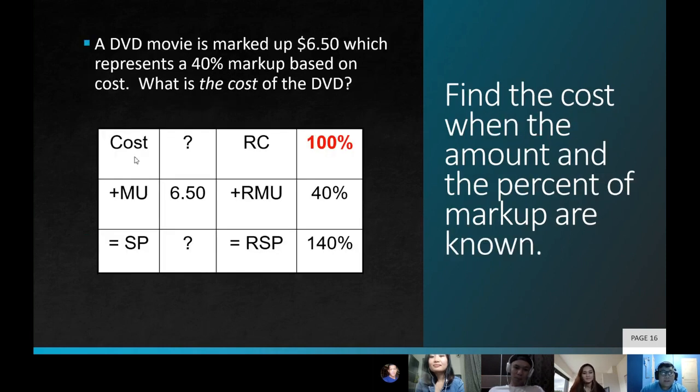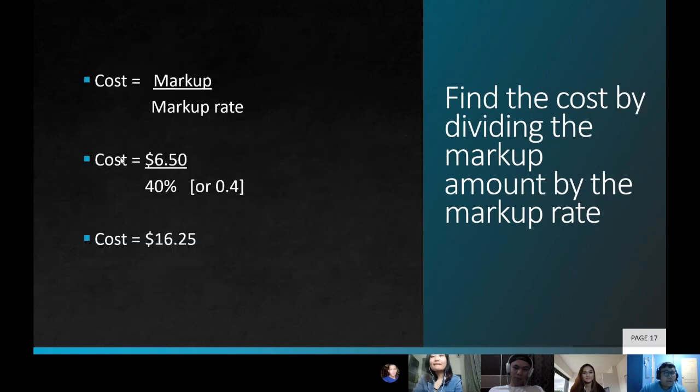To find the selling price, as you can see here, we just have to add the markup of $6.50 plus $16.25, and you will get the selling price. Okay, we will be moving to the next slide.